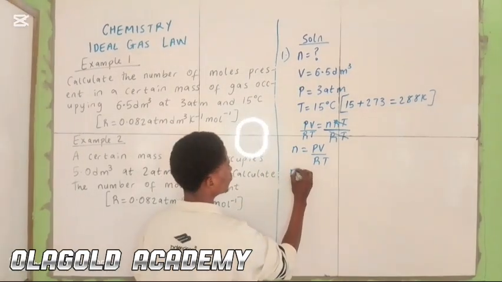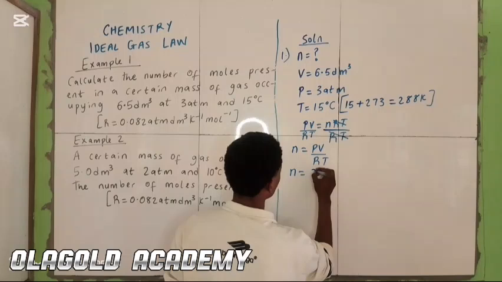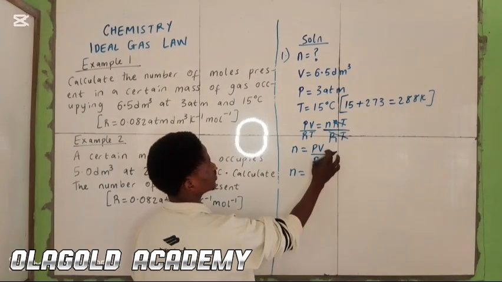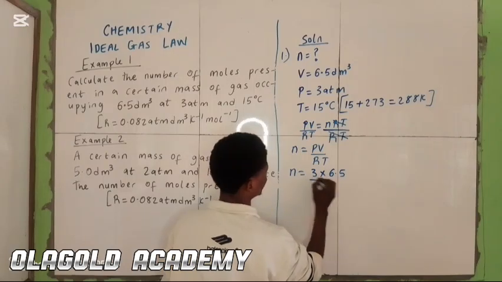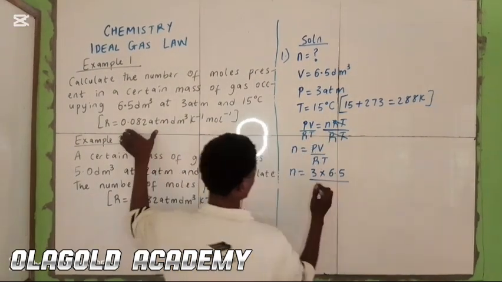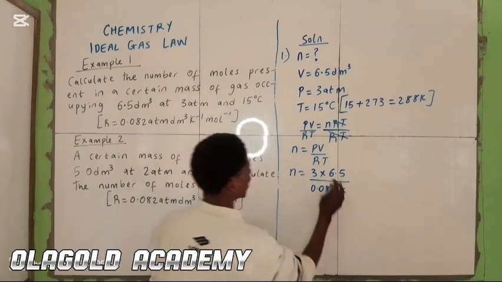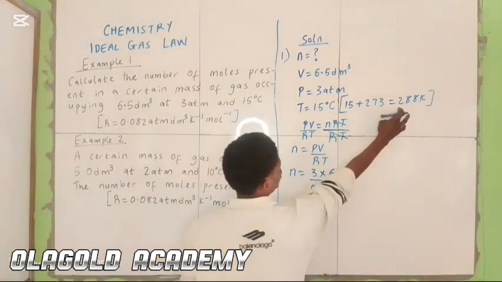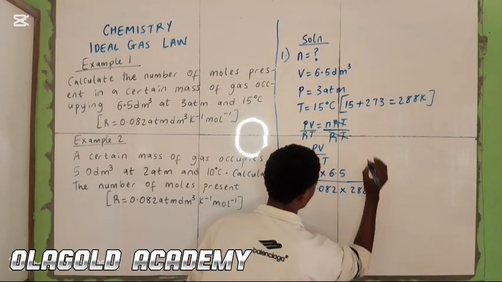So we have our number of moles equal to PV over RT. The pressure is what here? 3 atmosphere. The volume is 6.5 dm cube. The molar gas constant is already given as 0.082 multiplied by the temperature, 288.